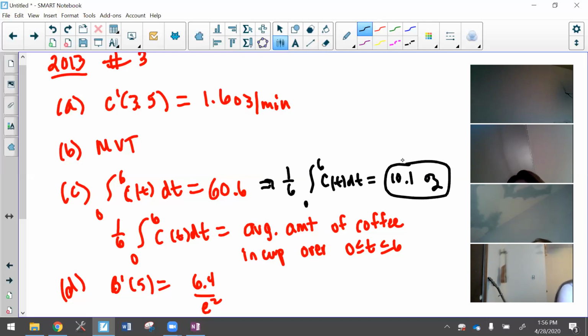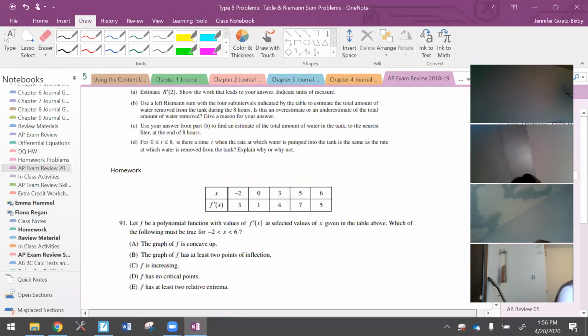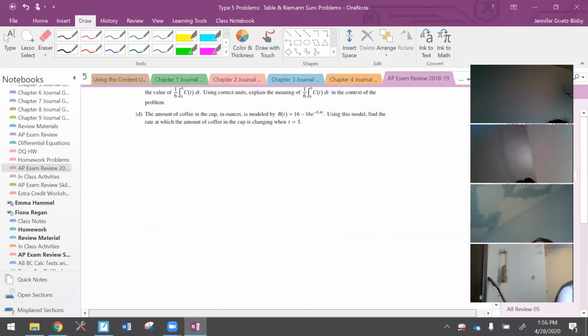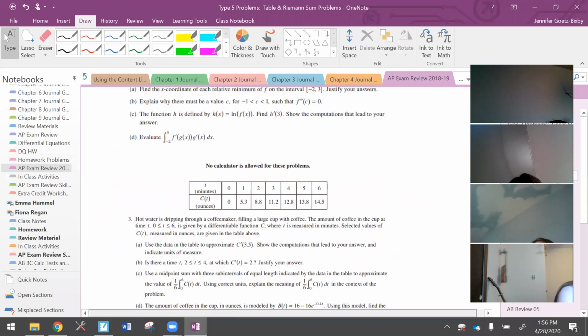So we want to use the table, and I only want to have 3 subintervals. So I'm going to go to where I have the problem here. If I count how many intervals I have, there's 1, 2, 3, 4, 5, 6.